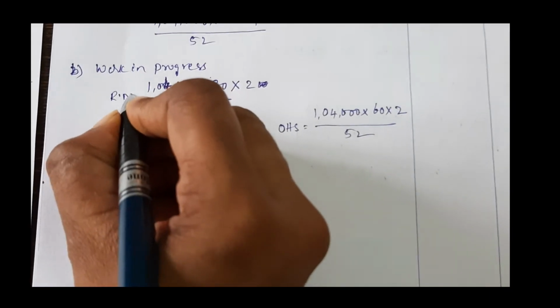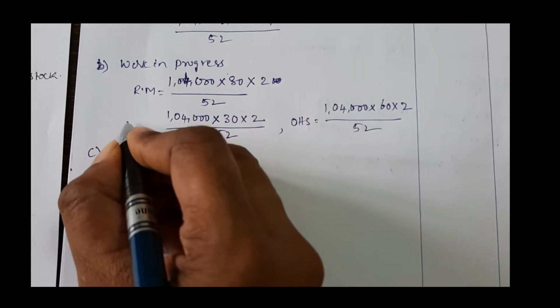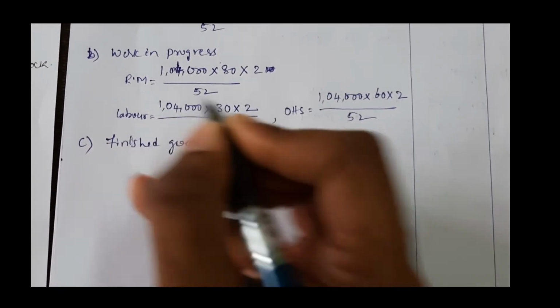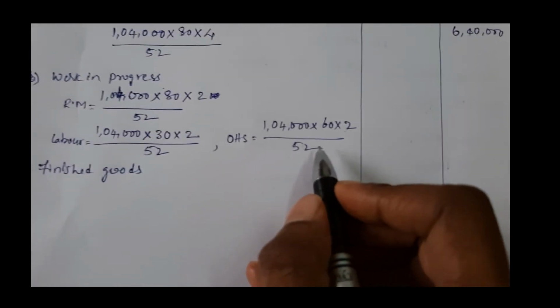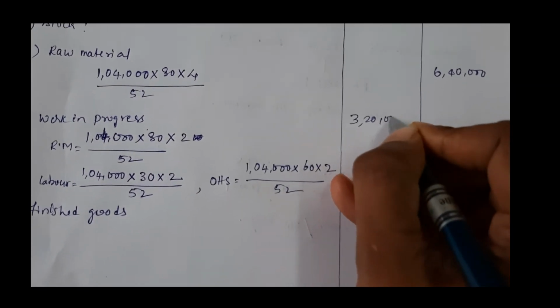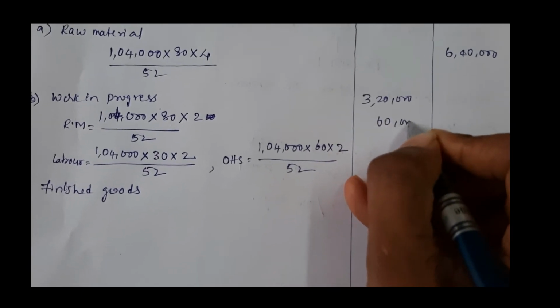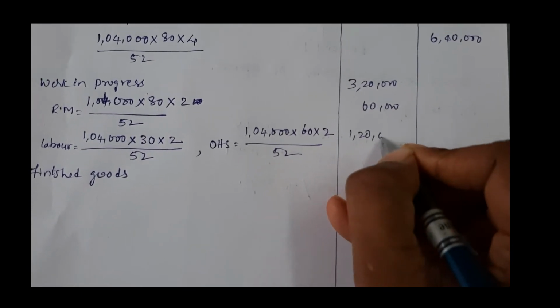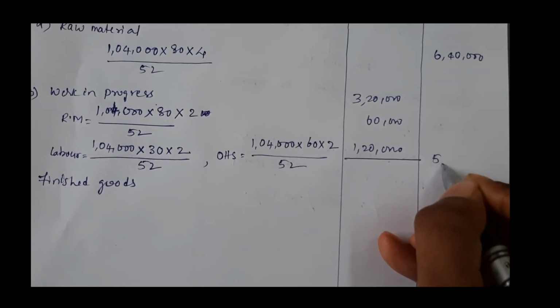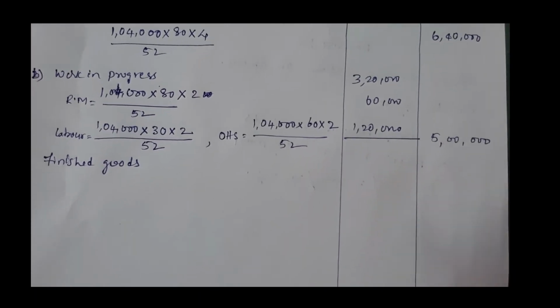So work in progress includes raw material, direct labor and overheads. These values will be 3,20,000, 60,000 and 1,20,000. Sum of these we will get 5 lakhs.